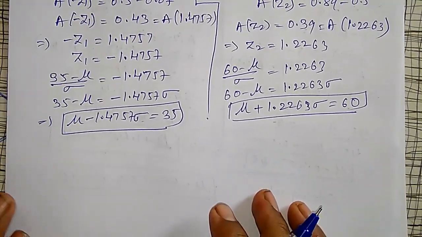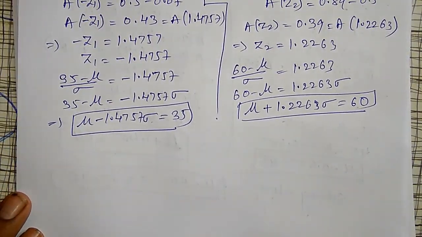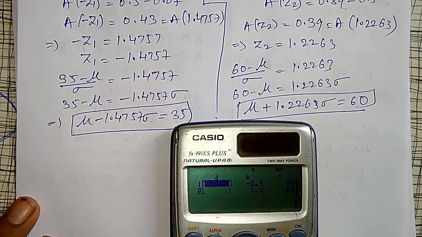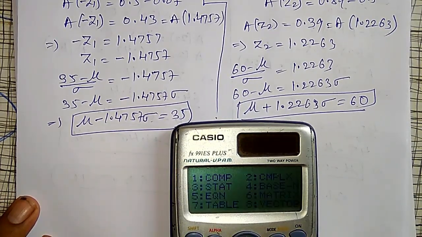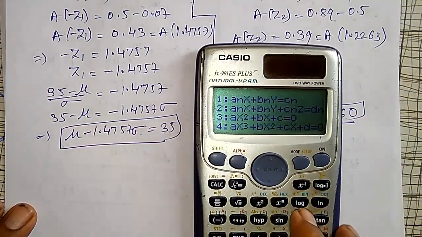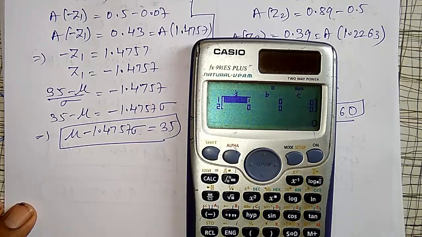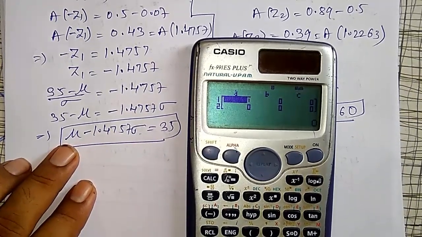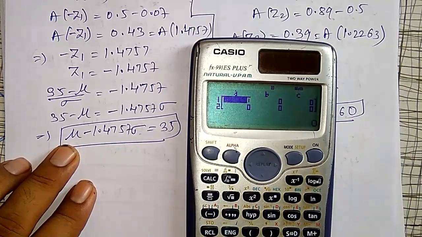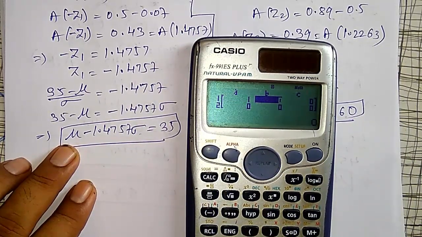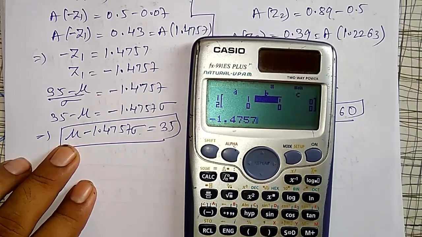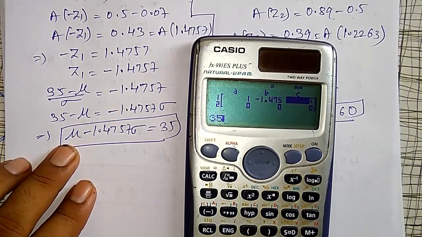Solving these two using the calculator. I am going to use the calculator here. In this calculator, again I will go to equation mode. In equation mode, the unknowns are 2. The coefficient of x is 1, where x is nothing but mu and y is sigma. Next, b is minus 1.4757 and the right hand side is 35.